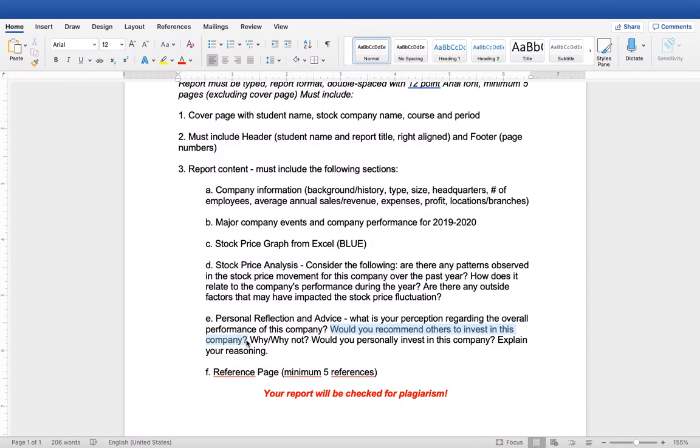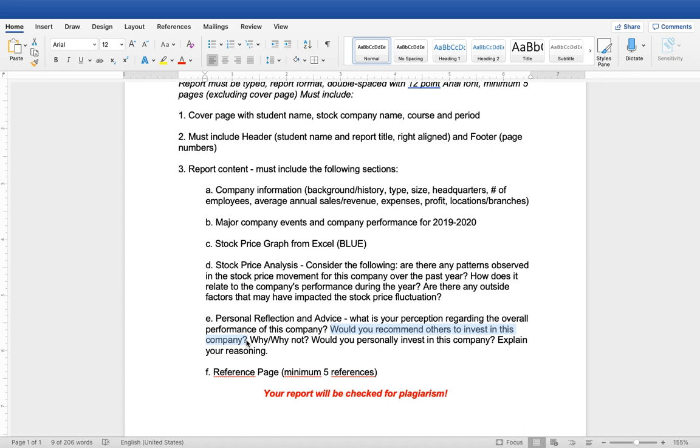So now, as a financial advisor, as a financial planner, would you recommend your client to buy stock in this company, to invest in this company? And I know we talked about investing in single stock and how it may not be the best investment strategy because it requires a lot of monitoring and research for you to really know what's happening in the market and with the companies for you to be successful with buying single stock.